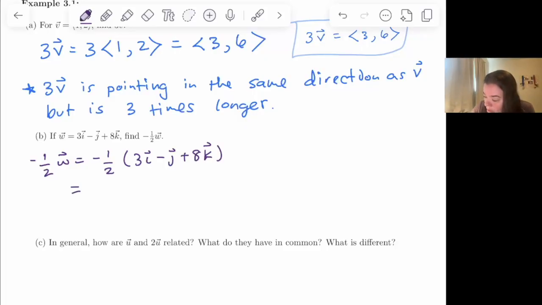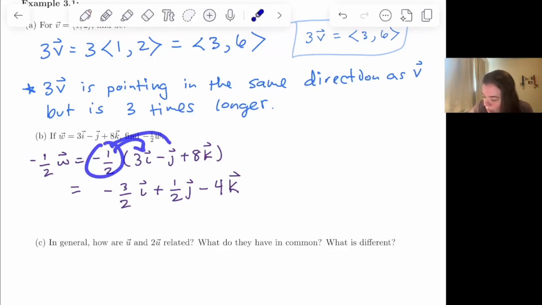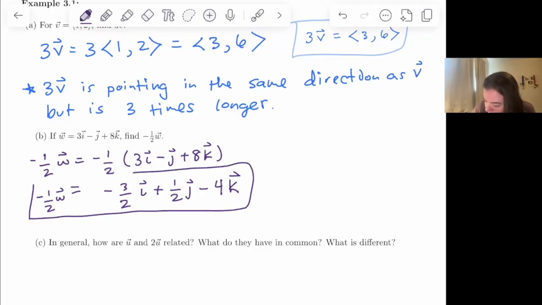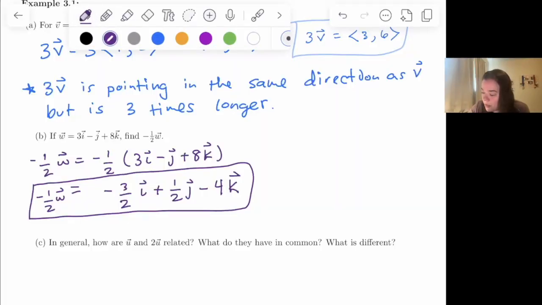So all I do again is distribute that -1/2 all the way through that vector, and I wind up with -3 halves i plus 1/2 j. Remember that negative is distributing through also, minus 4k. So again, all I did was distribute that -1/2 to every term. This would be an appropriate way to write -1/2 of vector w using IJK notation.